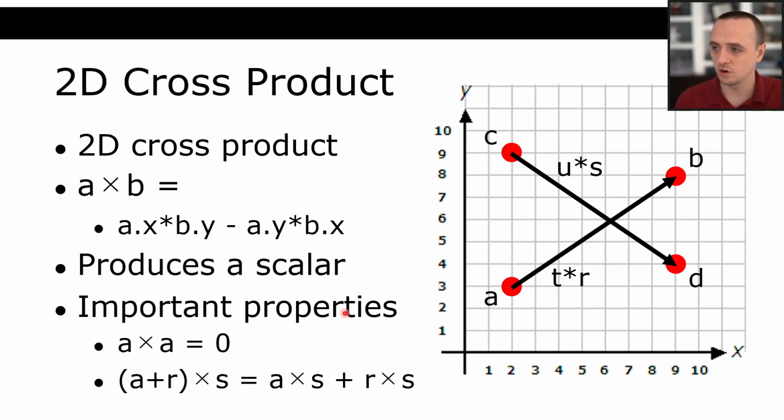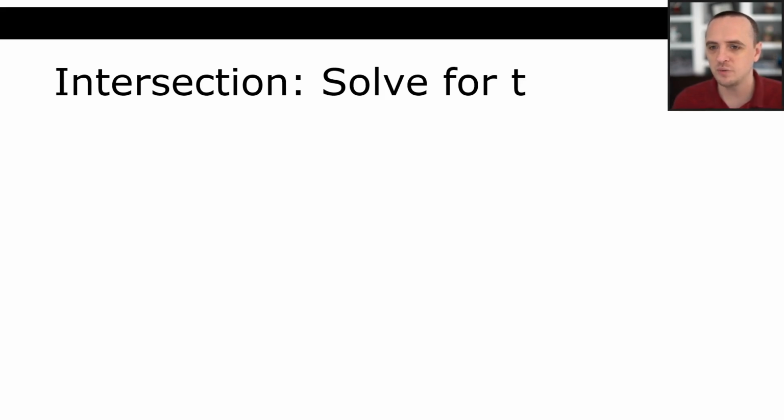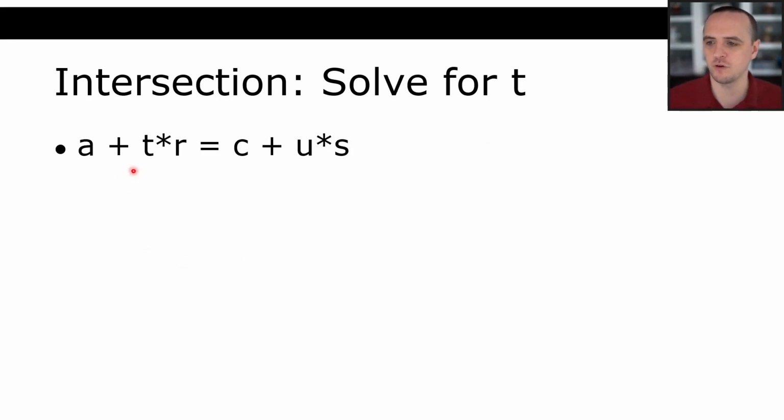And now we're going to use that to help us solve for our values. So how do we solve, for example, we have t and u, so let's just solve one of them. Okay, so let's just pick t because it comes first in the alphabet. So here's our formula. We have A plus t times r is equal to C plus u times s. Now, we have two equations with two unknowns, and we're trying to help that situation.